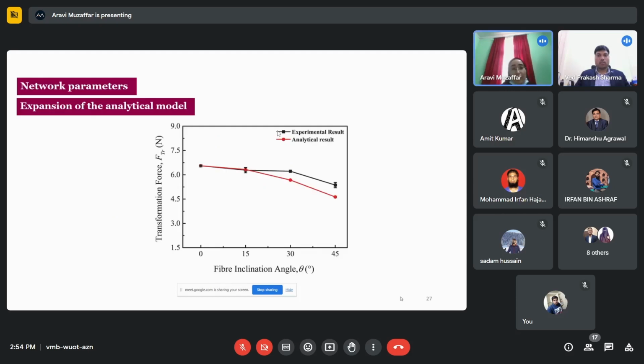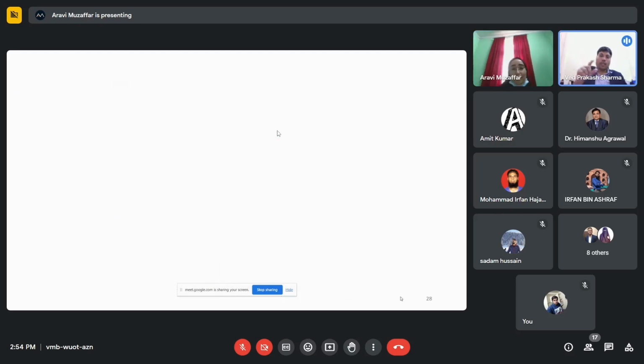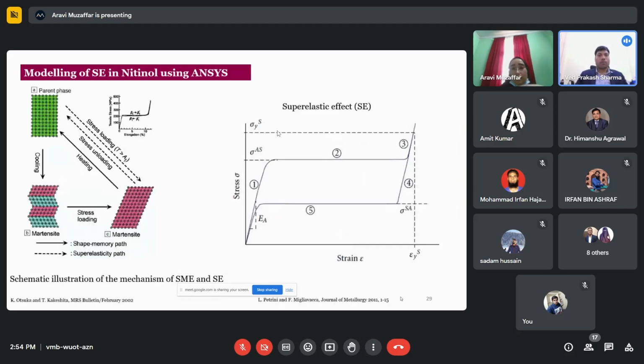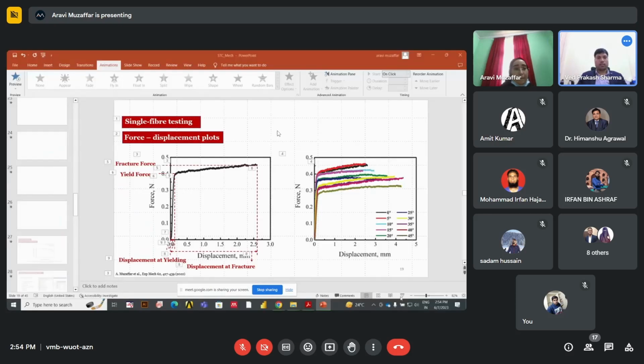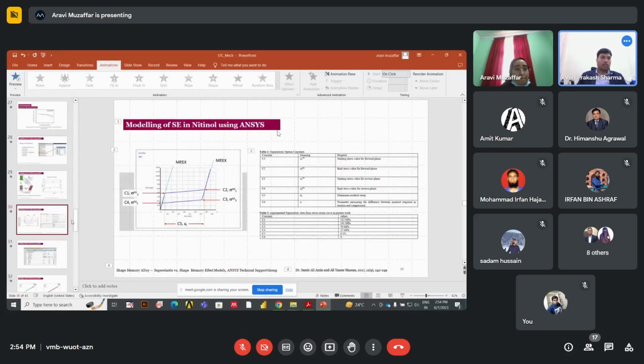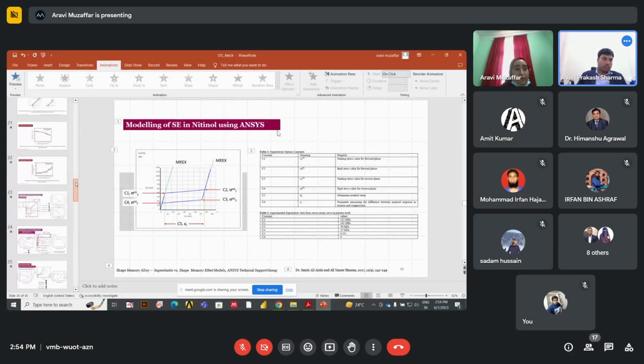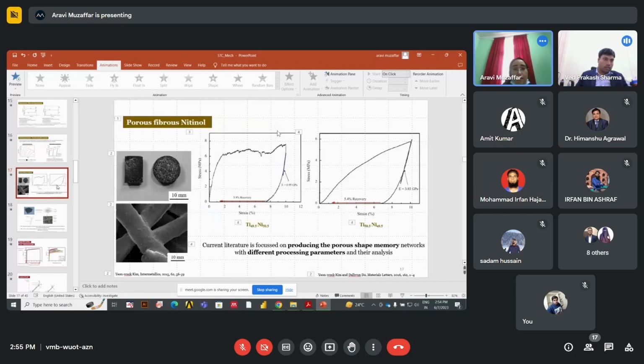I don't think I've calculated modulus. I think it was before modeling these things. This? Yes, this one.